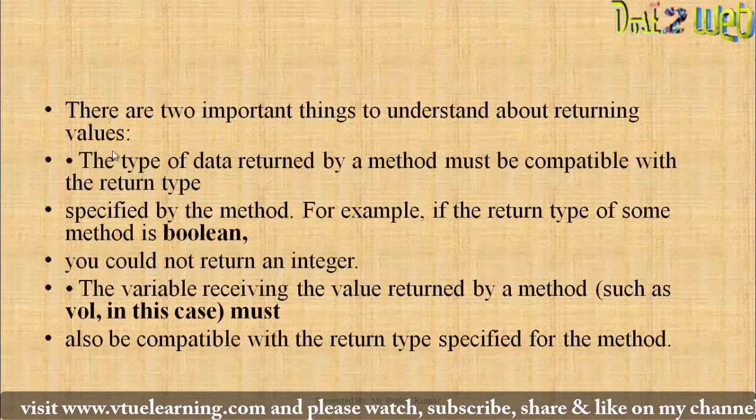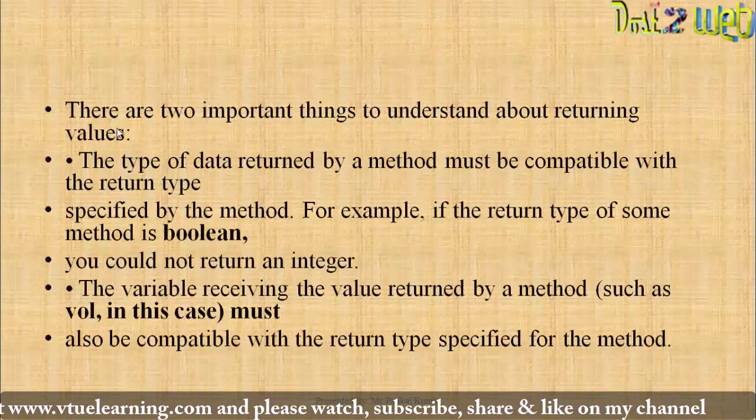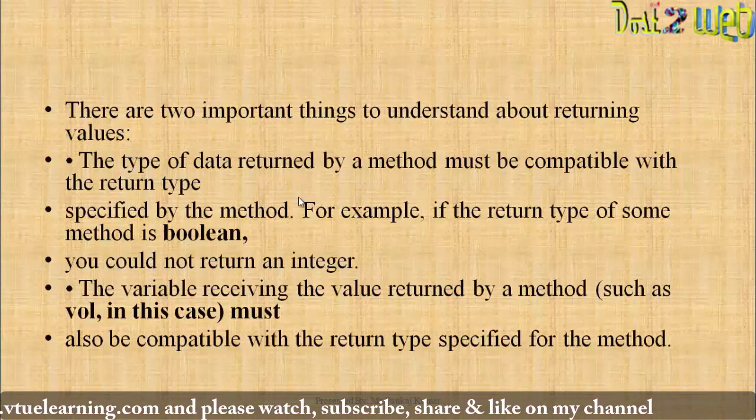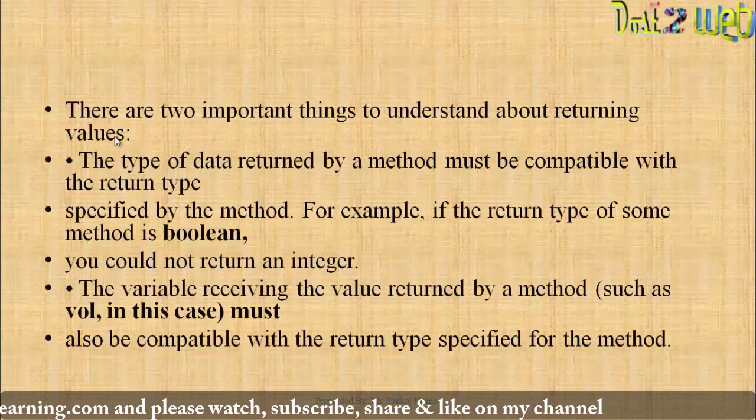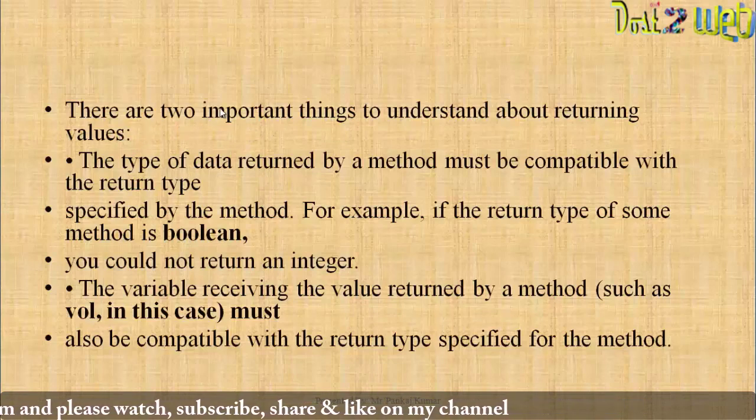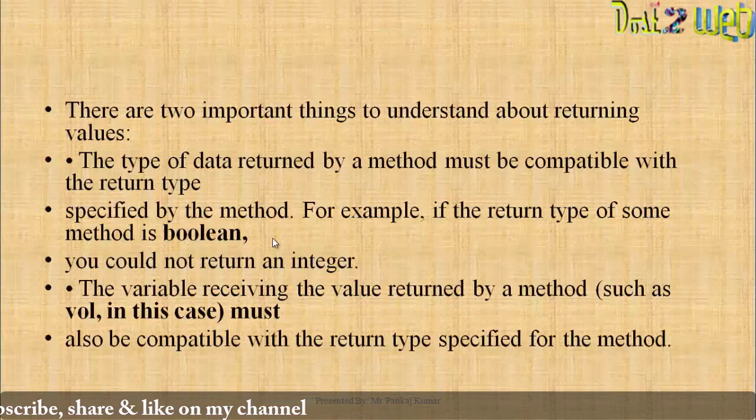So that means whatever return type you are using, if you are using void, then you should give void. If you are using int, you have to use int. It is not like you define the return type as boolean, and when you are returning, you use an integer. So this will not work. Remember this.